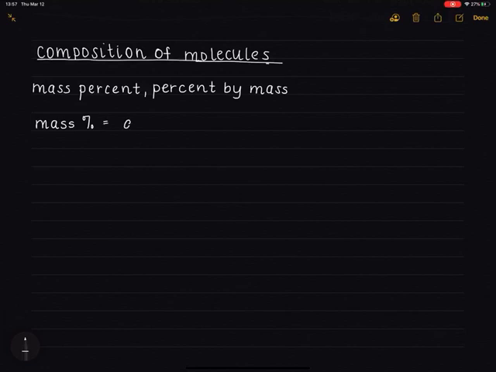Anytime we talk about percentages, we're talking about part divided by the whole. When we talk about mass percent, we're talking about the mass of the part we're interested in, so the mass of a particular element in the compound, divided by the mass of the whole thing.